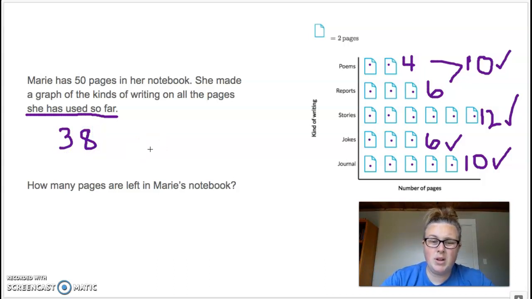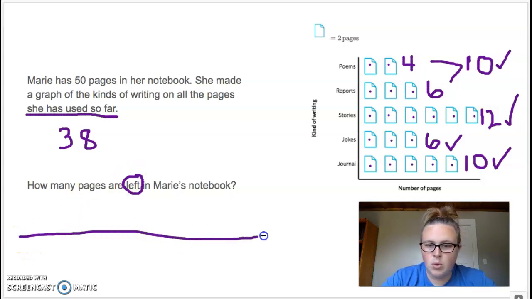Okay? But they want to know how many pages are left in the notebook. So now we need to subtract those 38 pages from the 50 pages. So I'm going to draw a number line. It's a little bumpy, but that's okay. So if I'm up here, so we know she has 50 pages.